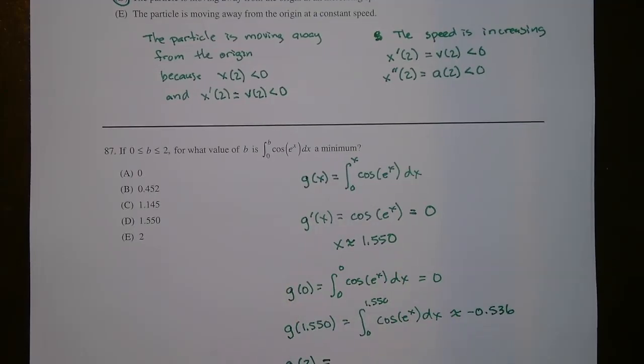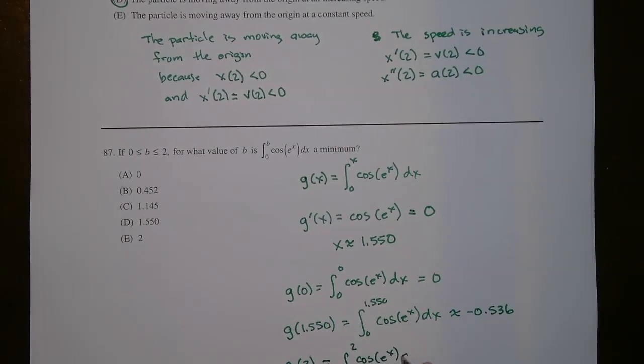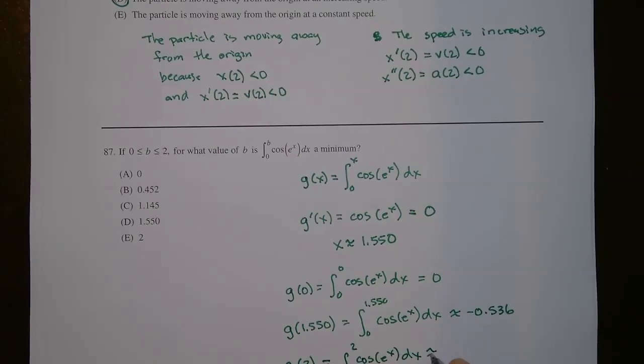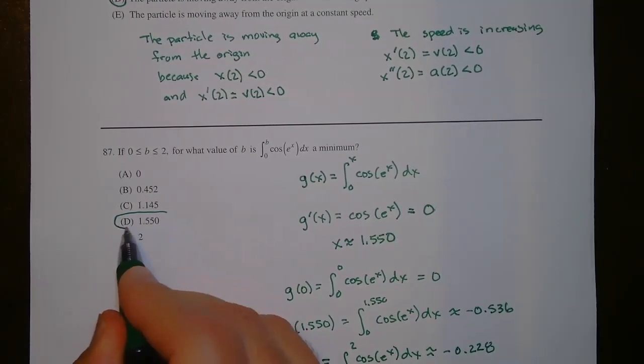Okay, so g of 2 would be the integral from 0 to 2 of cosine of e to the x dx, and then that gave us a value of negative 0.228 rounding. Okay, so this one's the smallest, right? So it's going to happen at this x value of 1.550, and that's what we're calling this b, okay? So b has to be 1.550, and so the correct answer is D.